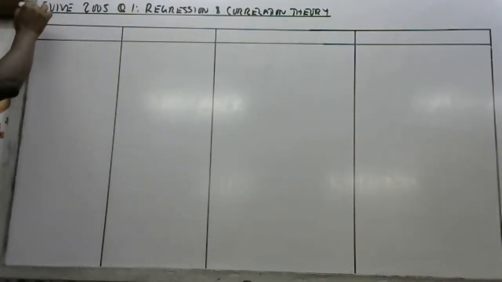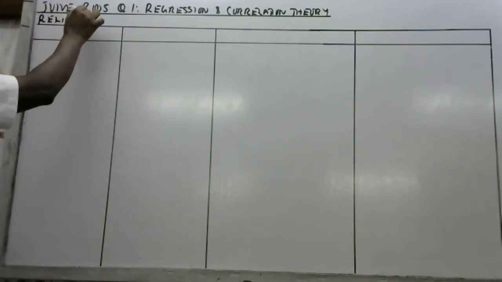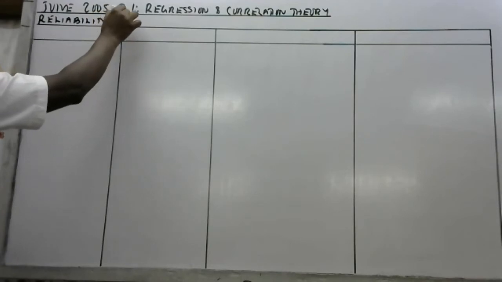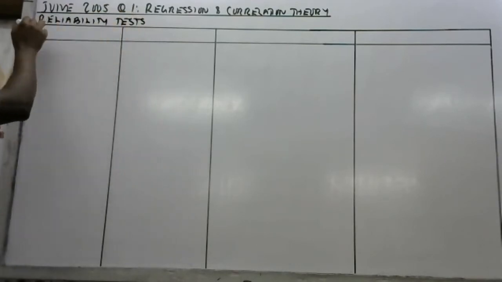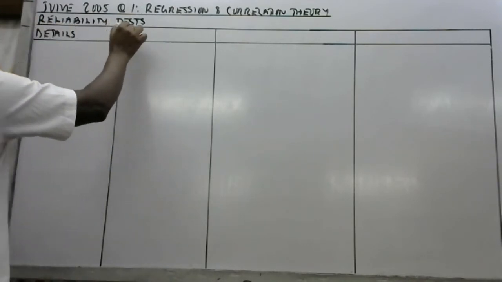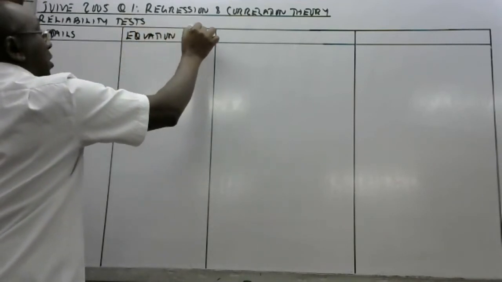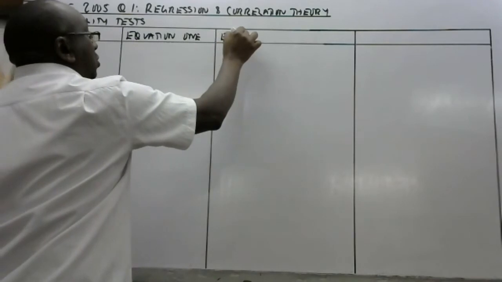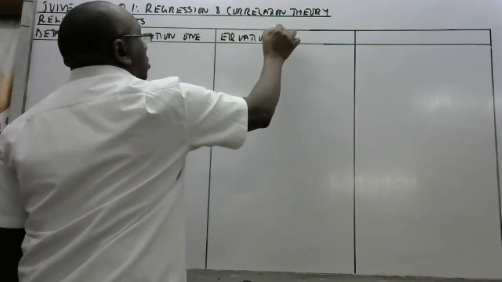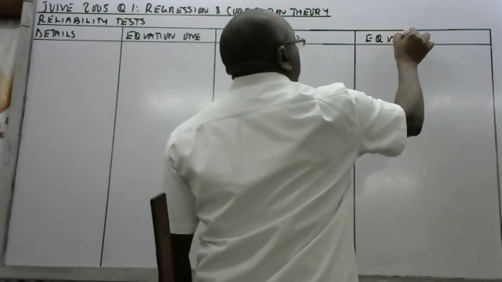And we call it reliability tests. So we have details here. We have equation 1. We have equation 2. We have equation 3.